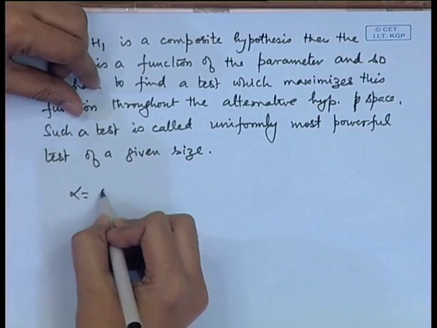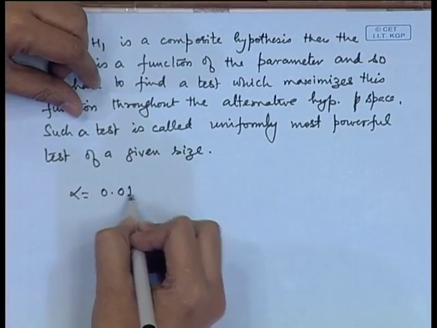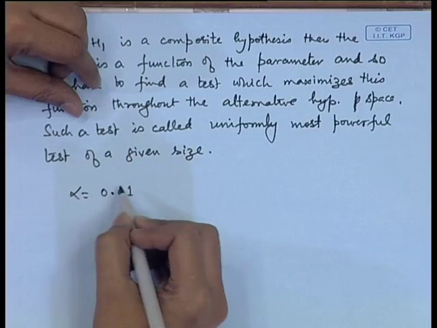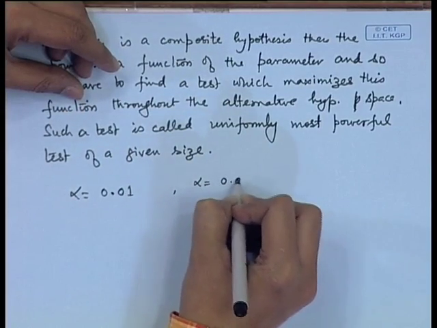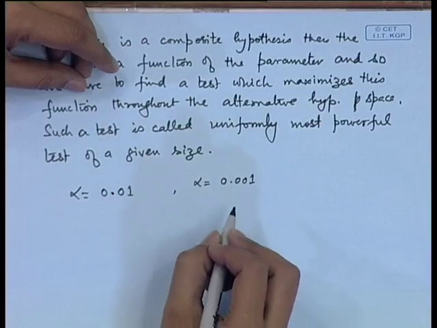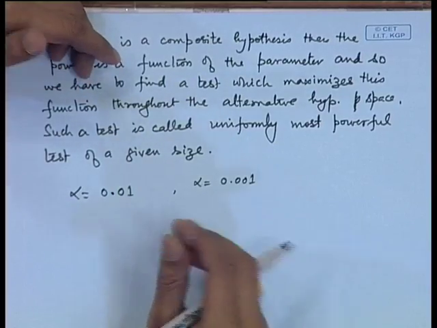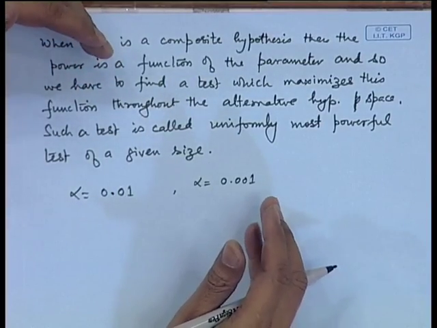So, we may decide to keep alpha to a very small level, say alpha is equal to 0.01, that means a 1 in 100 chance of error, or if we are even more careful we may put 0.001, that means a 1 in 1000 chance of error.